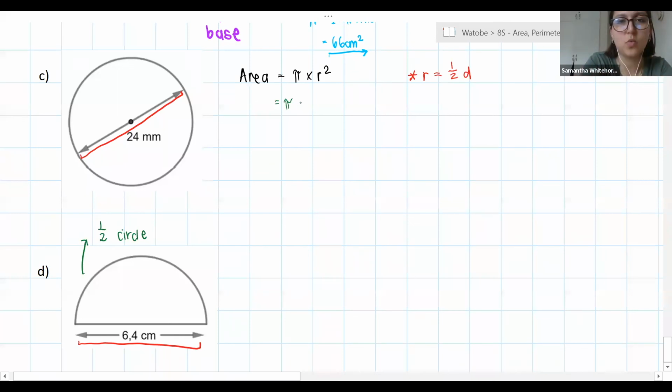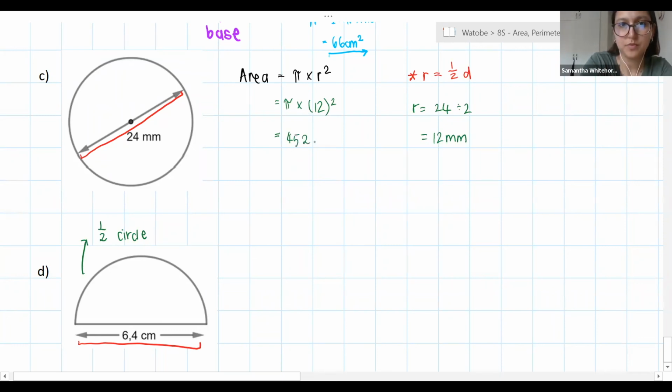Okay, before you carry on, where did you get the 12 from? I divided 24 by 2. Excellent. So guys, remember, like I said, your radius is half of your diameter. So if we divide 24 by 2, we're getting 12 millimeters for our radius. Excellent. Okay, carry on.